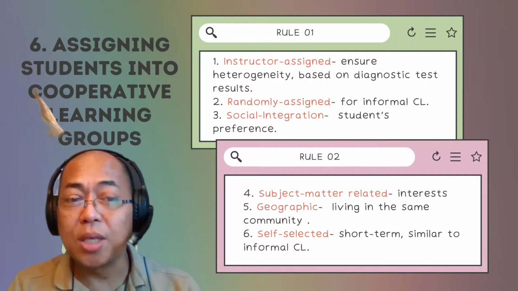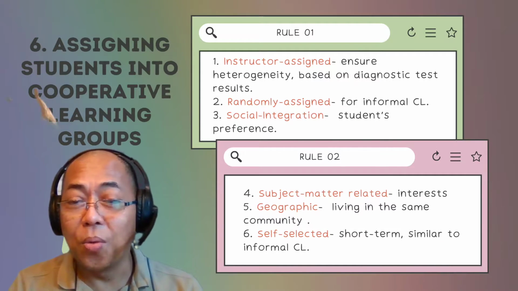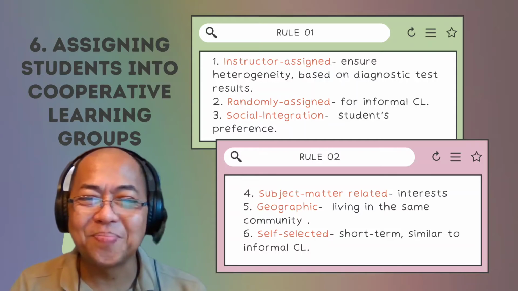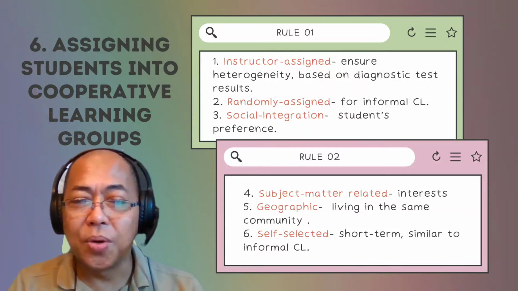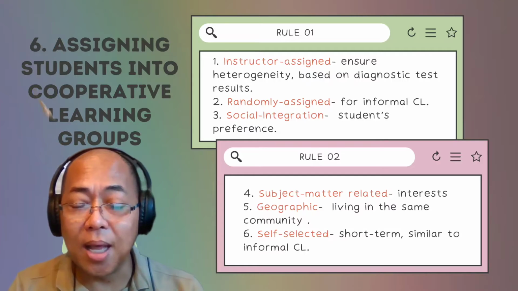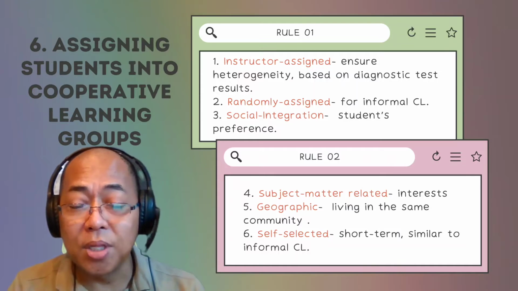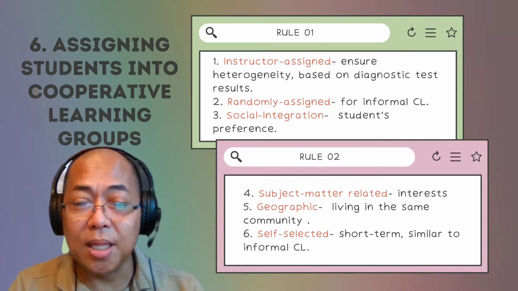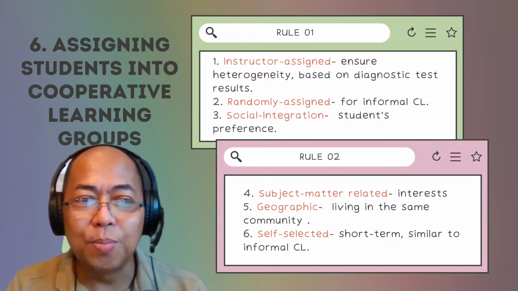The instructor tries to make sure that best friends and even worst enemies are not in the same groups. Ideally, this can be done by giving, for example, a diagnostic test, and the result of the test will be used to assign students to which group.